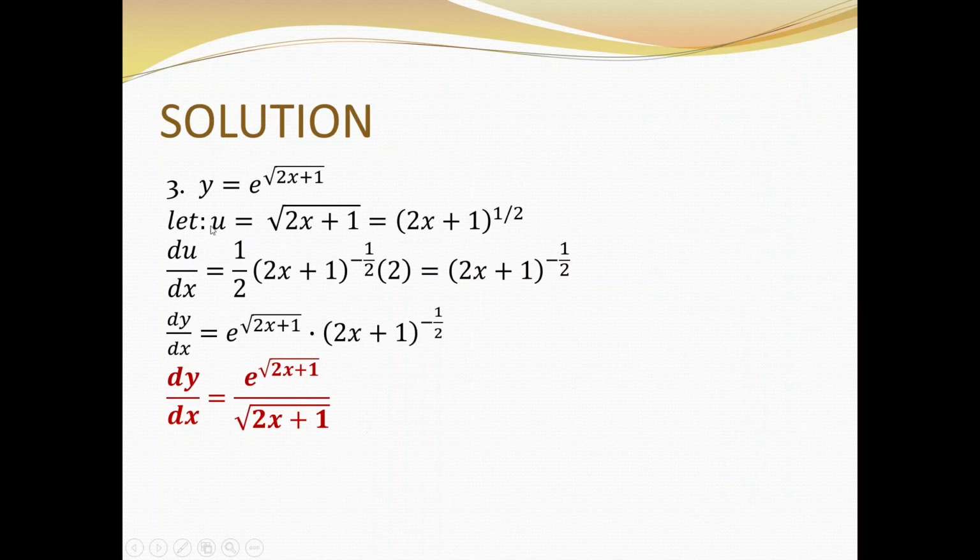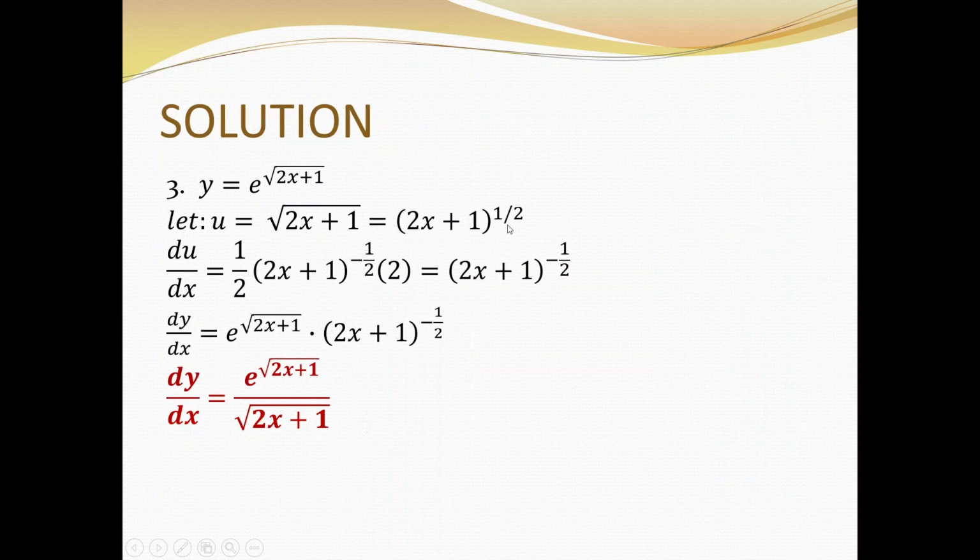Then it is better to determine first the derivative of this exponent u before substituting to the function given as y equal to e raised to square root of 2x plus 1. Then the derivative of this u with respect to x is simply by means of the power derivative. So bring down 1/2, and then to be multiplied by the quantity.